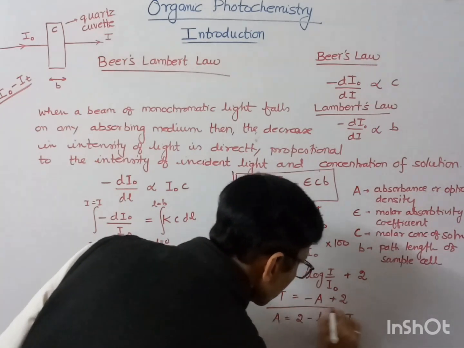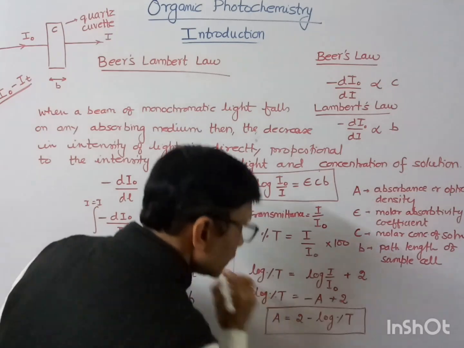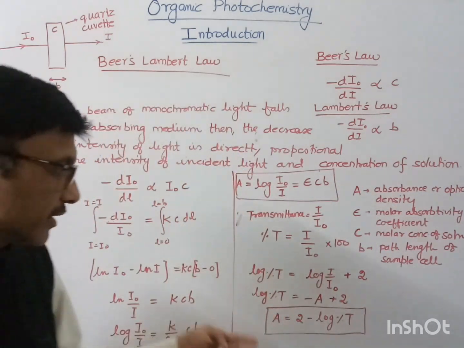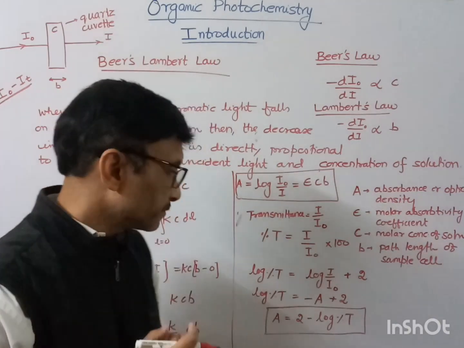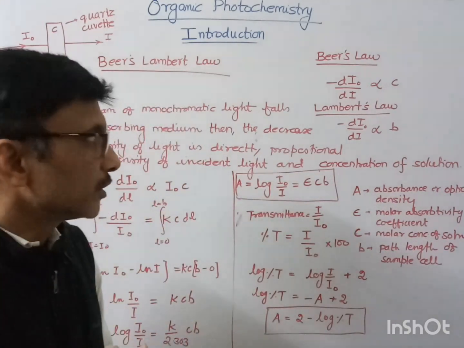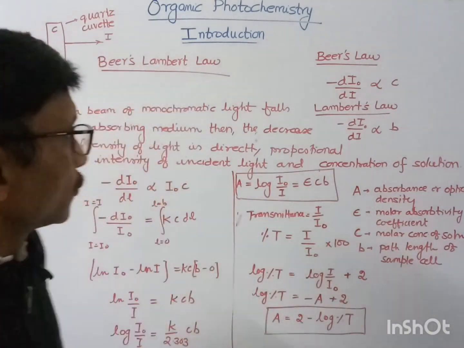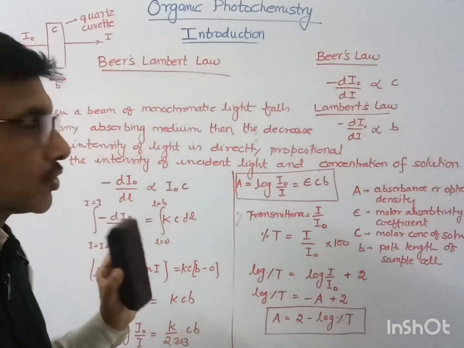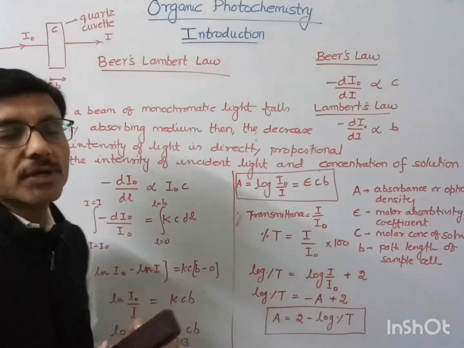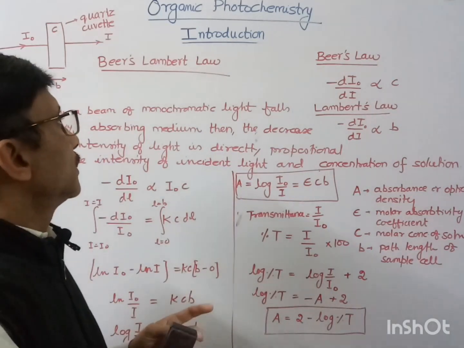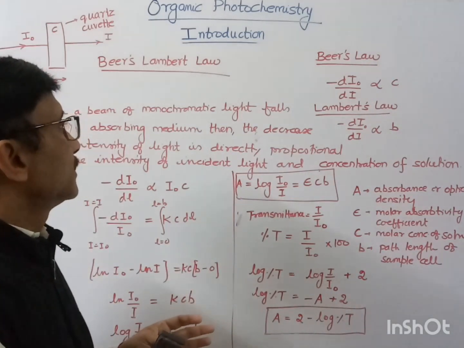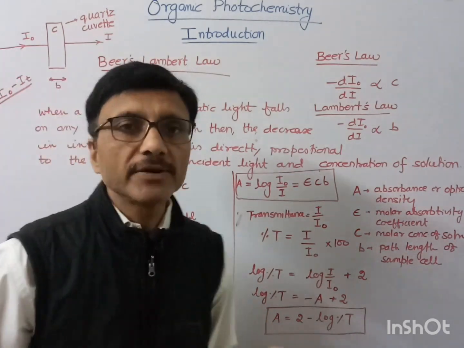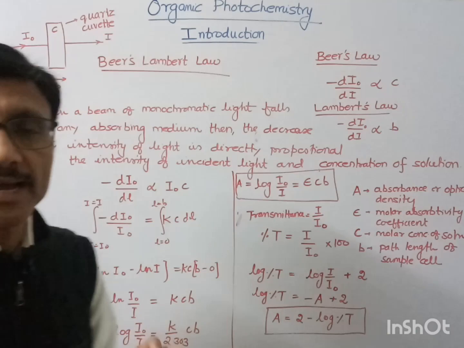So we can use it to solve a few numerical problems. If percentage transmittance is given, then we can determine the absorbance directly from this formula. So this is about the Beer-Lambert law in brief. One condition for this law is that the solution should be dilute.